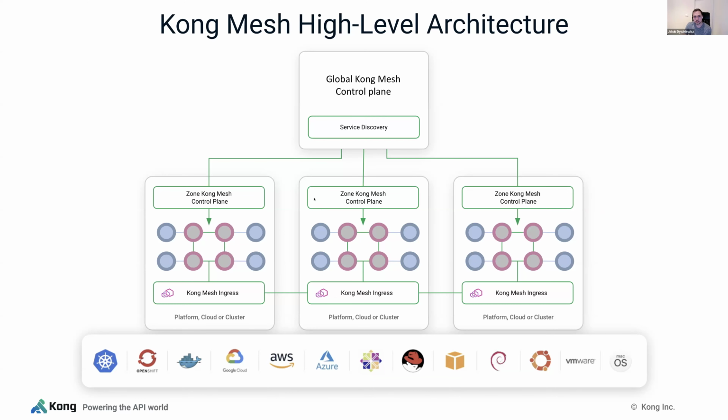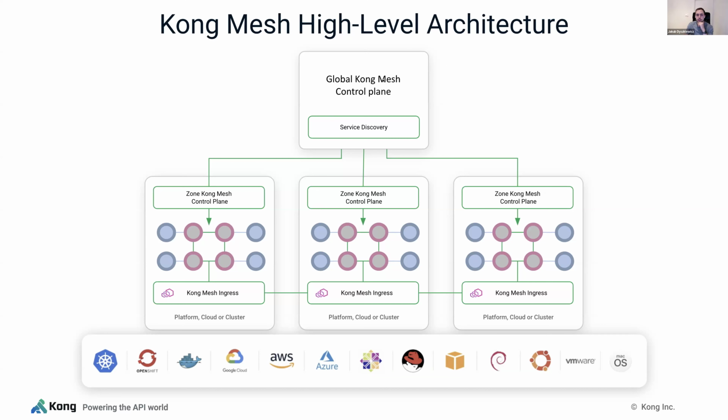And then on top of this, we have the global Kong Mesh control plane. The global control plane is responsible for managing all the policies, right? It might be a bit cumbersome to manage all the policies between all your Kubernetes clusters. So the way we implement this: you, as a service owner, go to the global control plane and apply your policy.